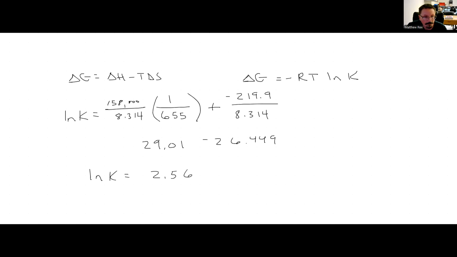And then take e here to cancel that out. And you get K being equal to like 12.99, somewhere around there. And again, this is the equilibrium constant you're finding, not the energy. So it's unitless. Your joules here would cancel joules, mole, Kelvin, and then your temperatures would cancel there.